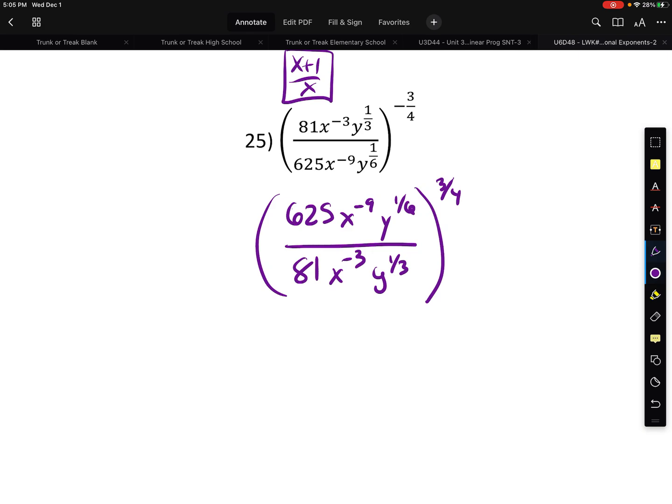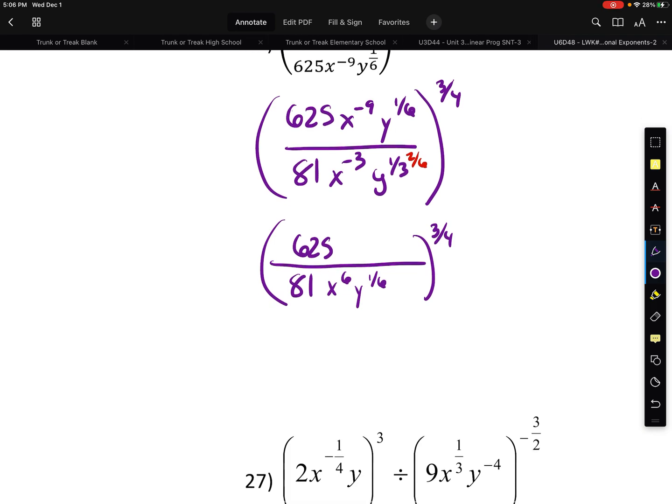If I move down the 9, I have 625 over 81. The 9 goes down, so I would have x to the 6 in my denominator. And here, I would need a common denominator of 2, 6, which would leave me with y to the 1/6 down here. All raised to the 3/4 power.